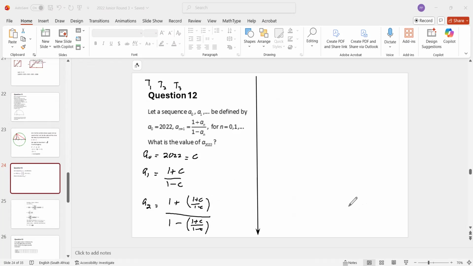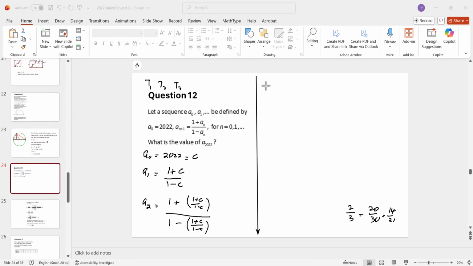Any fraction, you can always multiply it by any number you like. So the number I'm going to multiply it by is 1 minus C. That will flatten this thing here. When you multiply this by 1 minus C, you just get the numerator. So let's just simplify this.